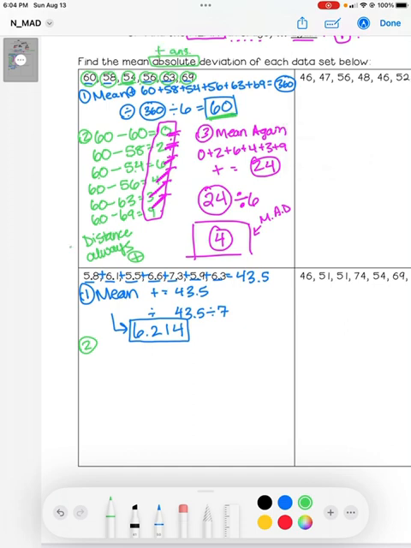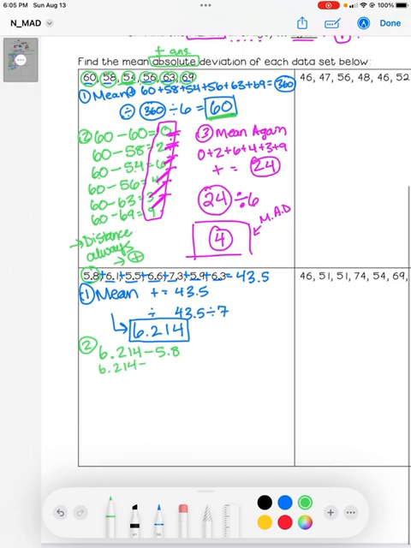What we're going to do is we're going to take the mean, 6.214, and we're going to have a bunch of minus problems. We're using the mean minus each data point, so that minus 5.8. We're going to have 6.214 minus 6.1.